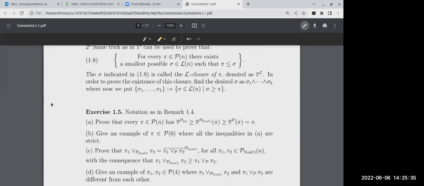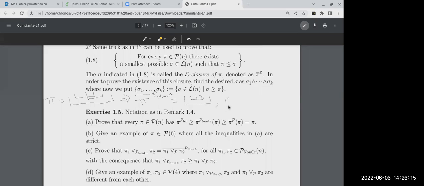I can draw here a pi on 6 points. I'll connect 1 with 6, and inside I'll draw something which has a crossing. If you look at its closures, the non-crossing closure of pi will have to sort out those two things inside, so it will be this.